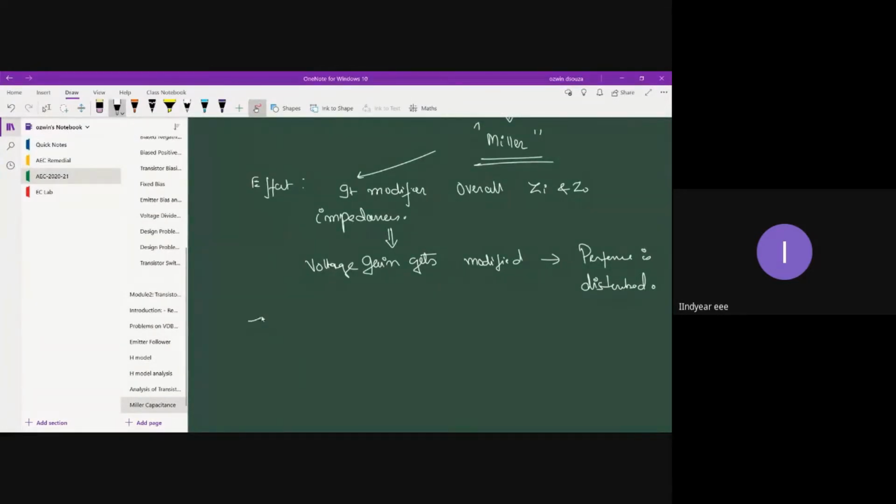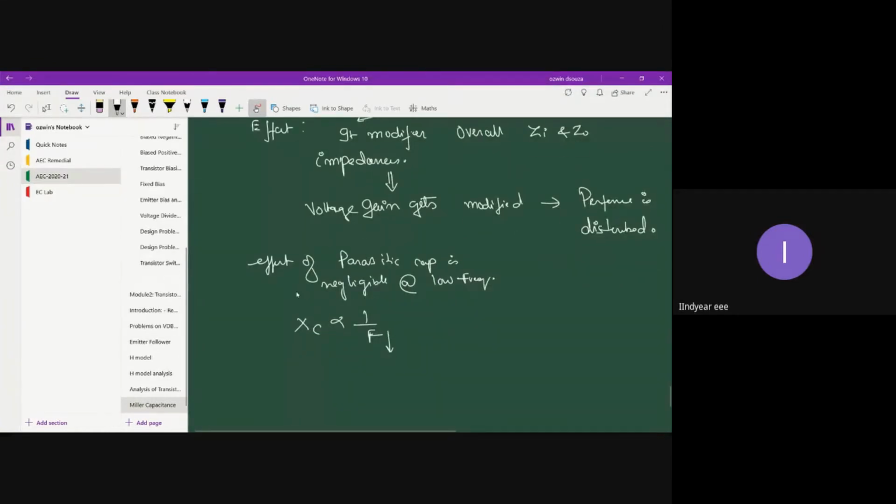Now, the effect of parasitic capacitance is negligible at low frequency. That's because Xc is inversely proportional to f. So when frequency is low, Xc is very large.